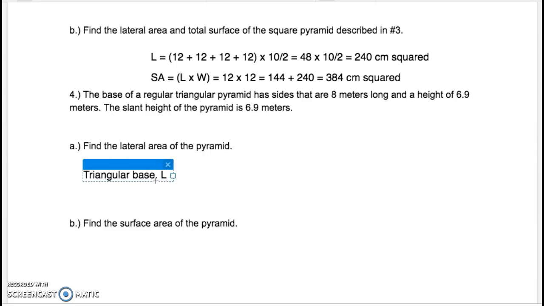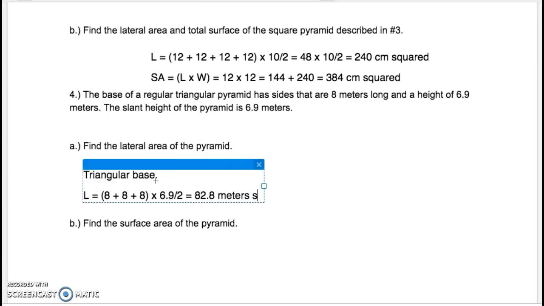So we will do lateral area equals, so the perimeter, if one side is 8, that means in a triangle we have 3 sides and they're all 8, times by the slant height, which is 6.9, and then divided by 2, we end up with 82.8 meters squared.